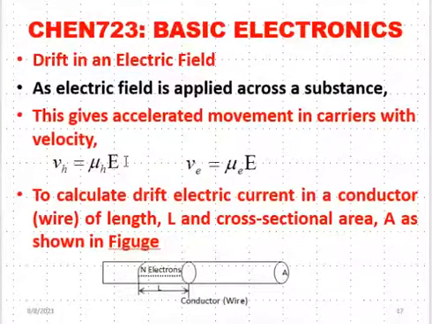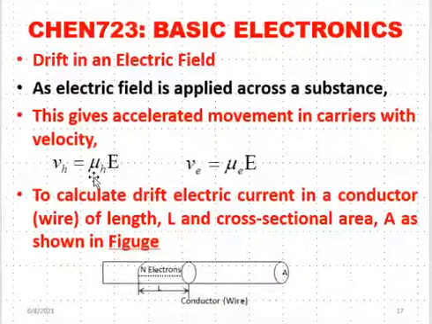So the velocity of the hole is given by mu_h E. This capital E is the electric field intensity, and mu_h is the mobility, a constant, of the hole. Likewise mu_e is the mobility of the electron. The mobility of the electron is much bigger than that of the hole, because in reality it is the movements of the electrons that bring about the movements of the holes.